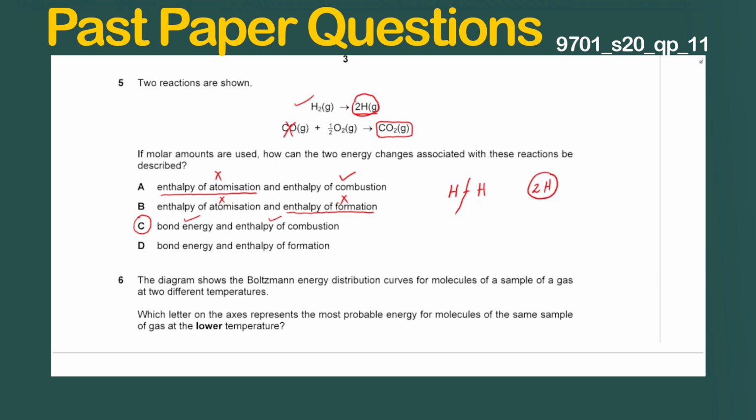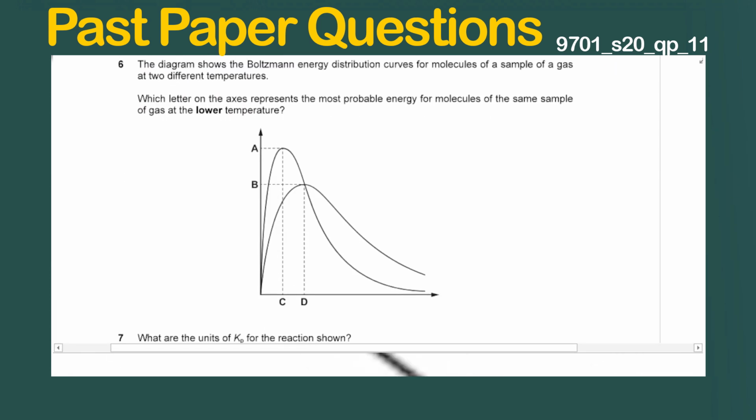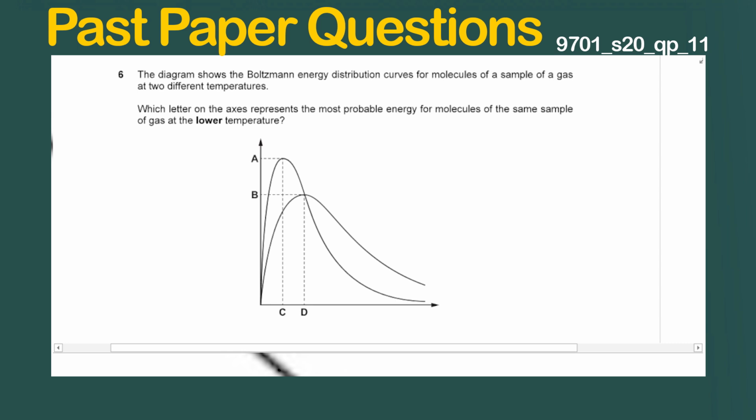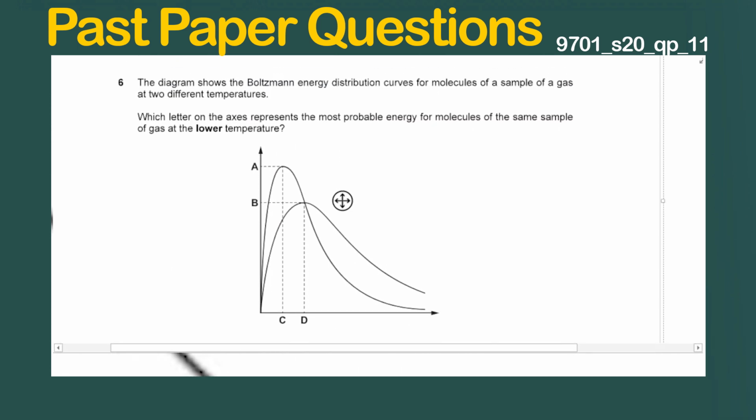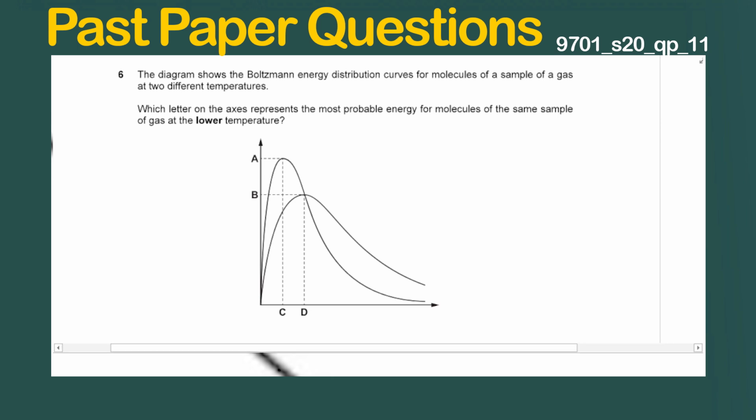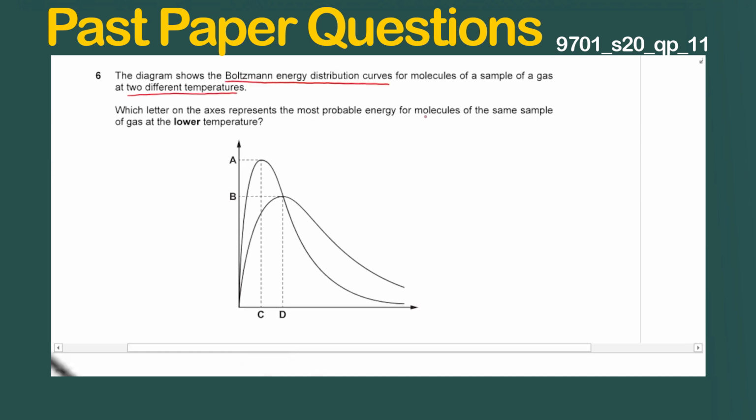So let's start solving this question that is related to the Boltzmann distribution curve for the molecules of a sample of gas at two different temperatures. Which letter on the axis represents the most probable energy for the molecules of the same sample of the gas at the lower temperature?